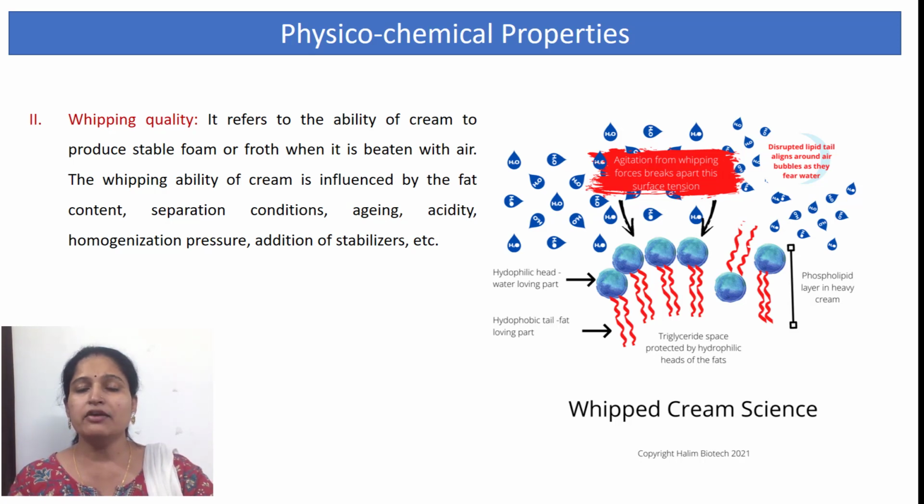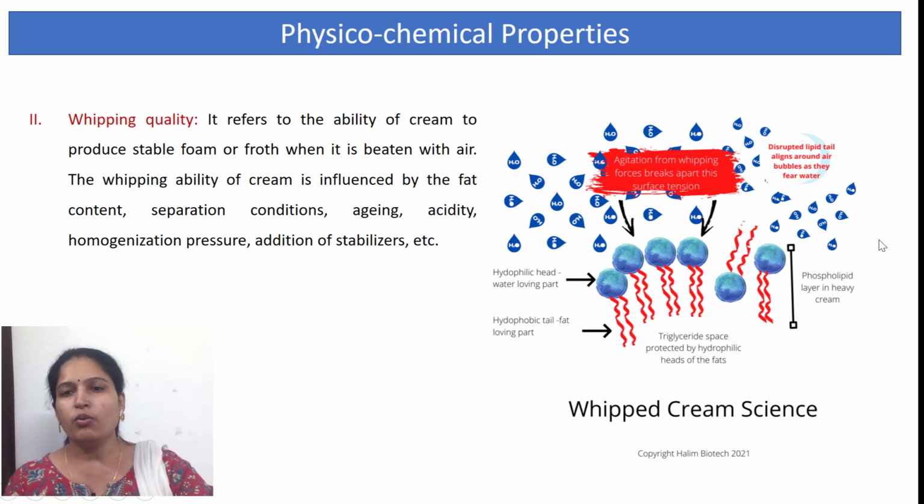So here is a diagram which shows how the whipping quality of the cream is affected by the presence of water as well as the hydrophilic tails and hydrophobic tails of the fat globule, and due to this whipping cream gets its foamy nature.